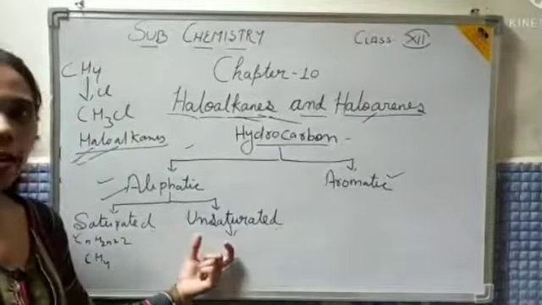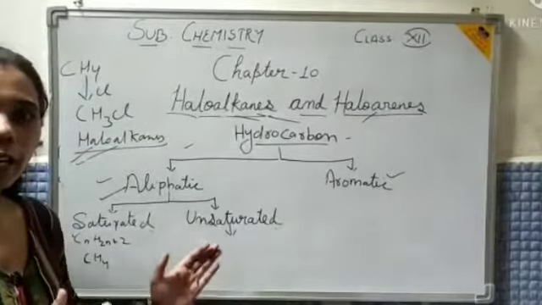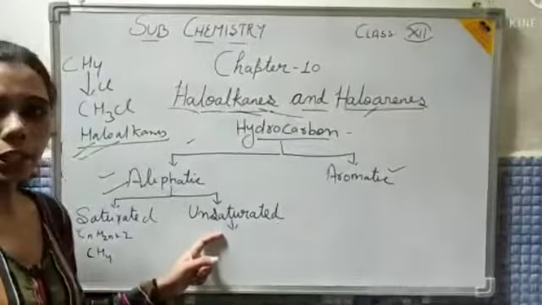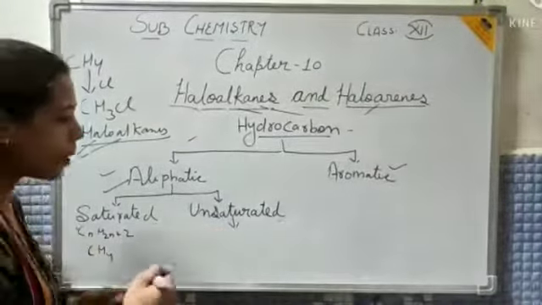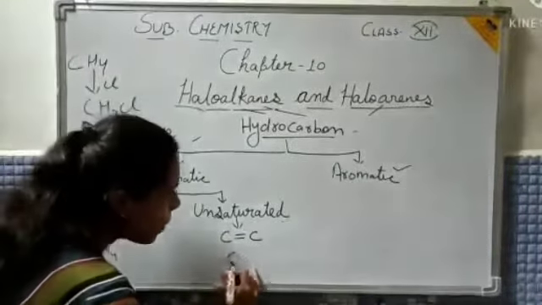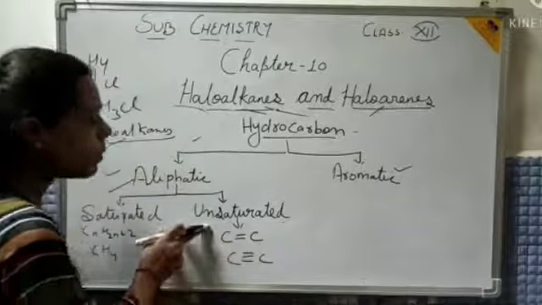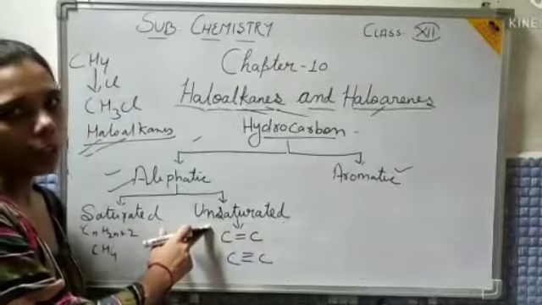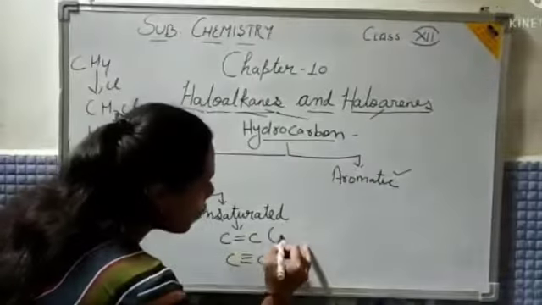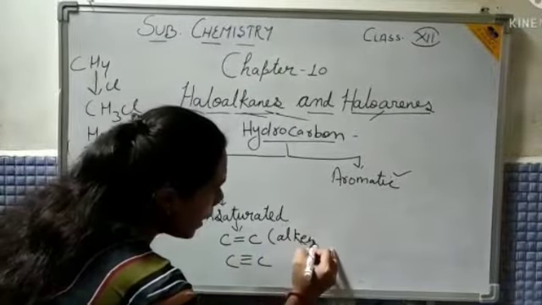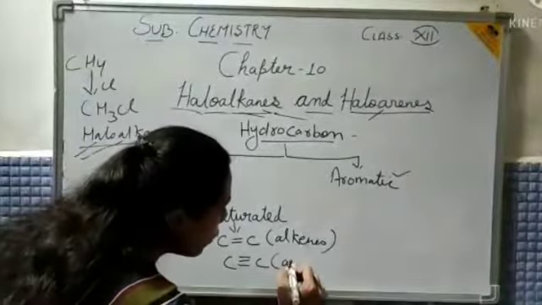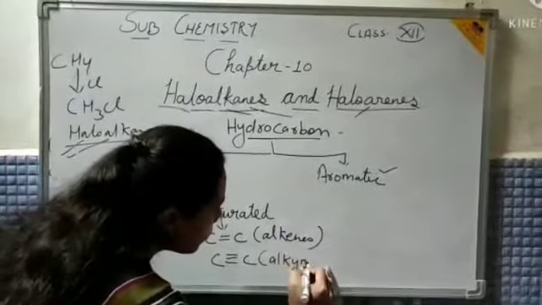In unsaturated hydrocarbons, the compounds which contain a carbon-carbon double bond or a carbon-carbon triple bond come in the category of unsaturated hydrocarbons. If the carbon-carbon double bond is present, then you will call it alkene, and when the carbon-carbon triple bond is present, then you will call it alkyne.